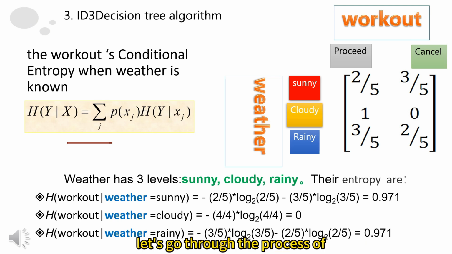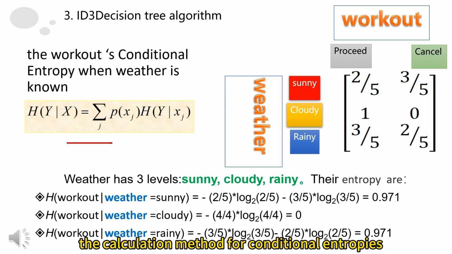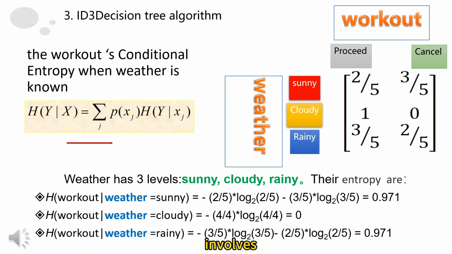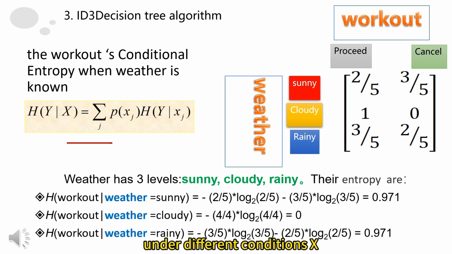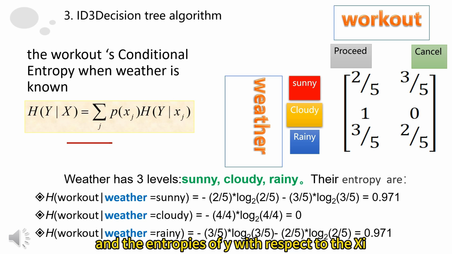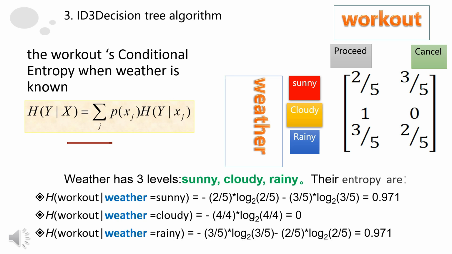Let's go through the process of calculating the conditional entropy of the workout variable with respect to the weather variable once again. In summary, the calculation of conditional entropy involves summing the products of the probabilities of each xi under the different conditions of x and the entropy of y with respect to xi.